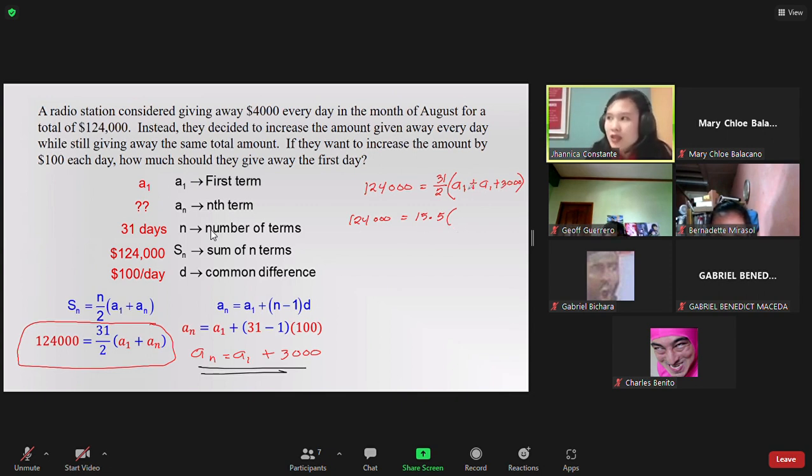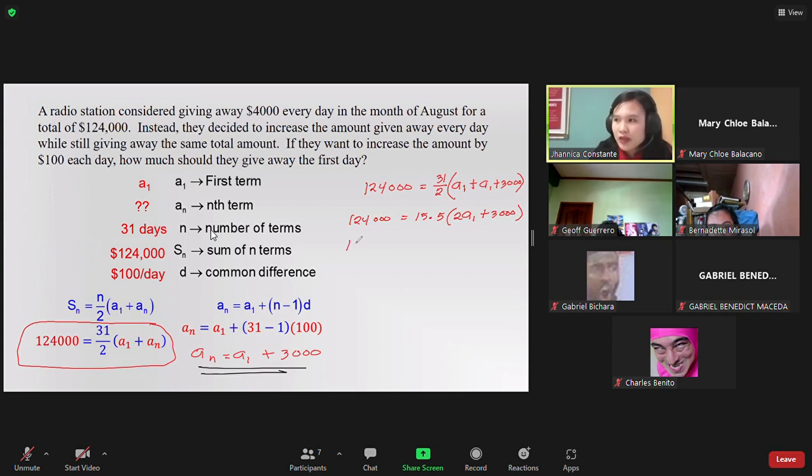So a1 plus a1 is equal to 2 a sub 1, plus 3,000. Multiply 15.5 to the quantity inside the parenthesis.